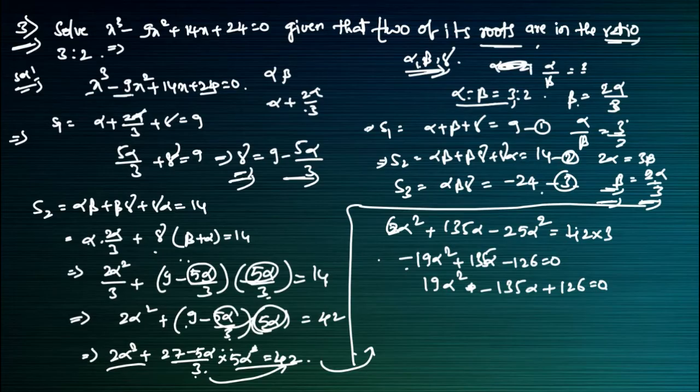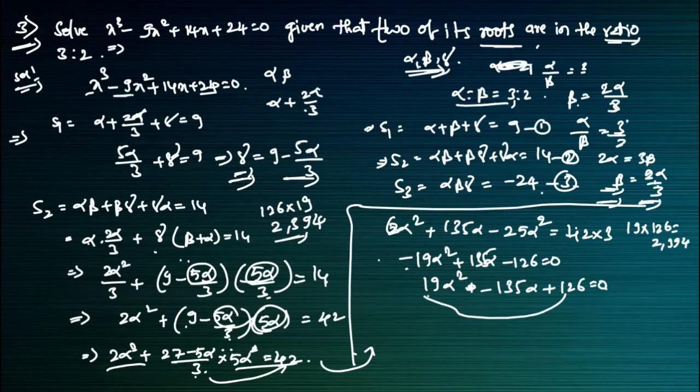Now here we have to do factorization, and this is a big factorization. 126 into 19 we have to do first. 126 into 19 is equal to 2394 here. So this constant value times the a value, 19 into 126, is equal to 2394.